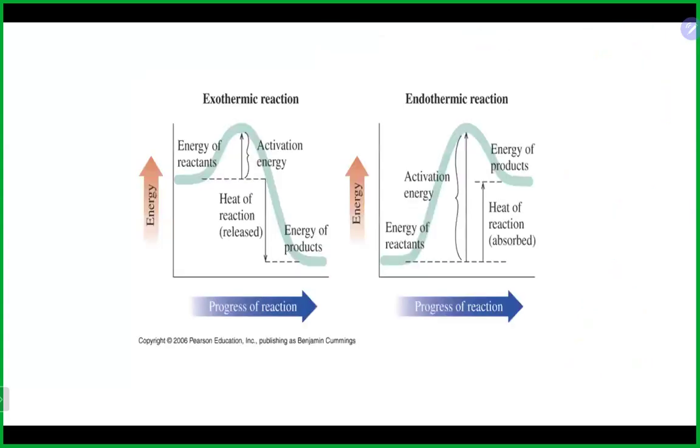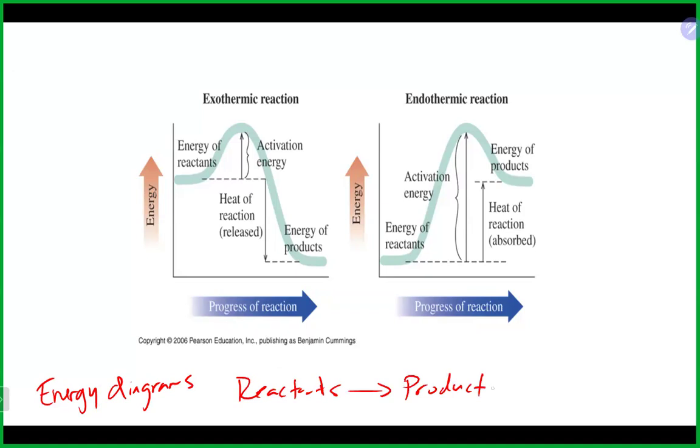So these are what are referred to sometimes as energy diagrams. And these energy diagrams are displaying basically two types of reactions that we just talked about, exothermic or endothermic reactions. And again, as we just mentioned, we take our reactants to our products in a reaction. So when we look at the one here on the left, this is where our reactants are starting.